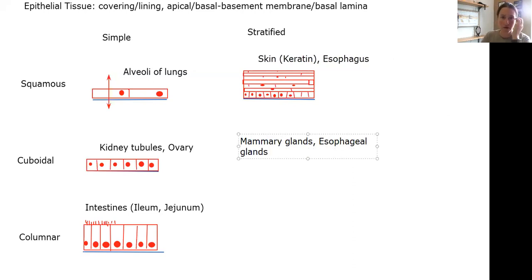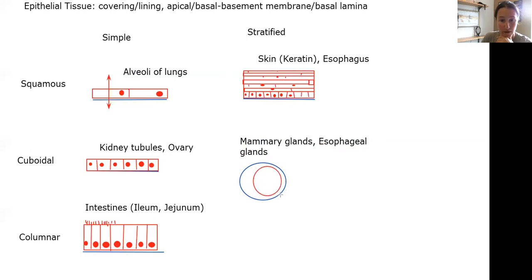Okay, and so generally this particular super rare tissue, by the way, is lining ducts. And so I'm just going to draw it out for you that way.